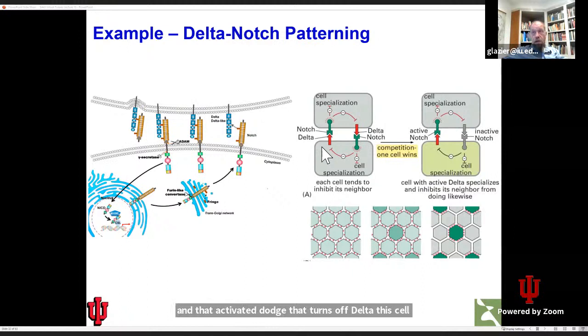So it's a multi-step process, which is outlined here. Initially, I have delta and notch next to each other. Delta binds to notch. The notch is cleaved. The notch sends a signal, and one of the things that signal does is disable delta in this cell. Okay, did that help at all, Josh?